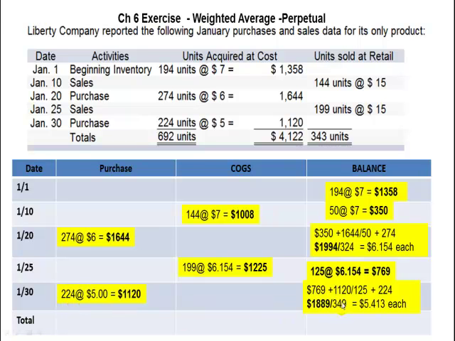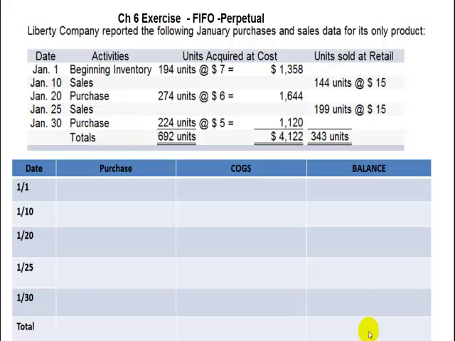And if we divide that 349 units into our new total dollars we have that's left on our inventory, we now have a new weighted average unit cost of $5.413 each.